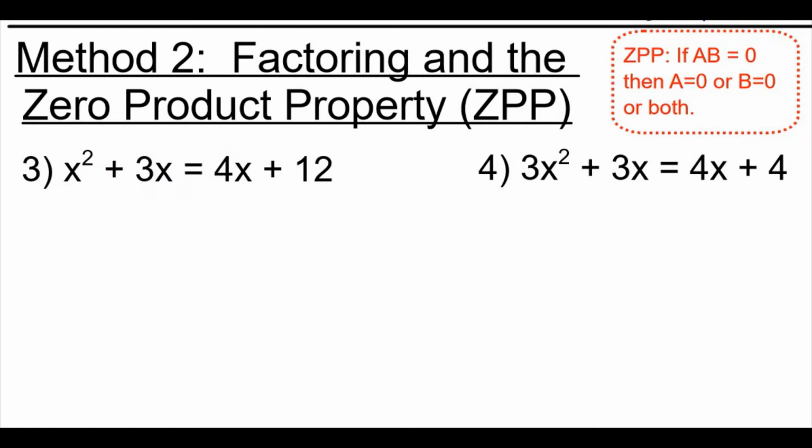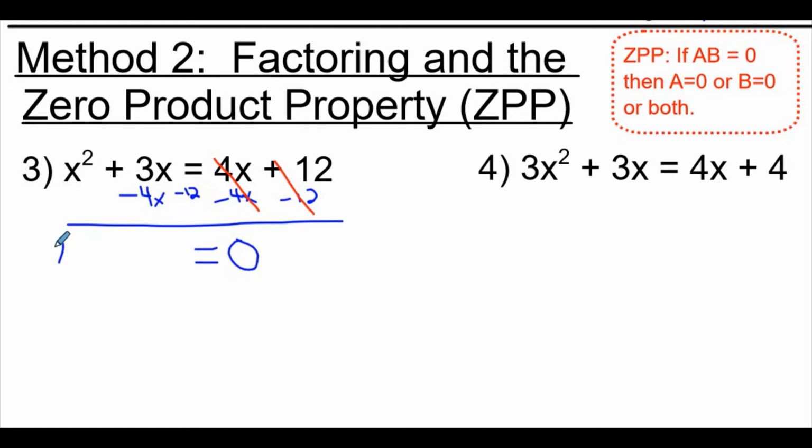Well, what we do here is we are simply going to take these terms and we're going to move them over to the other side using the addition and subtraction step right now, right, to clean this up just like we normally would. Over here, these are canceled, and the problem is set equal to 0. The reason we're doing that is we're trying to use the zero product property.